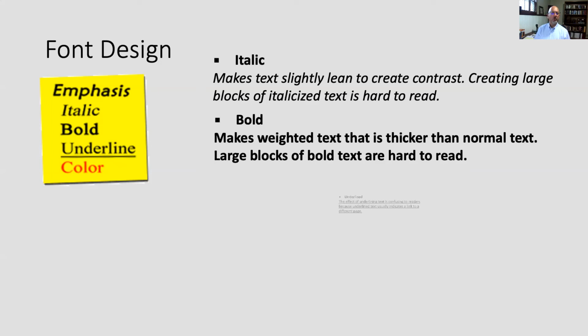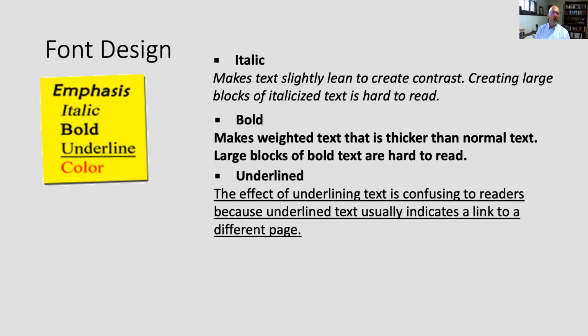Along with those 2, we can also underline our text. Underlining our text we have to be careful with also, because underlined text usually indicates that there is a web link connected to that text. So if we're using underline as a way to emphasize, we want to be cautious with that, and we don't want to confuse our reader into thinking that we are providing a web link.